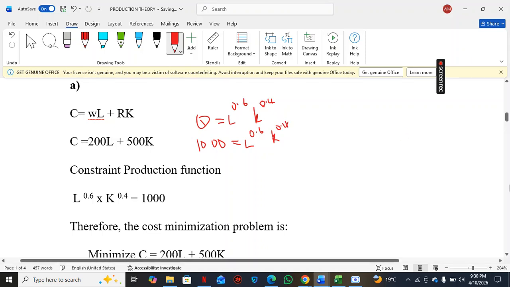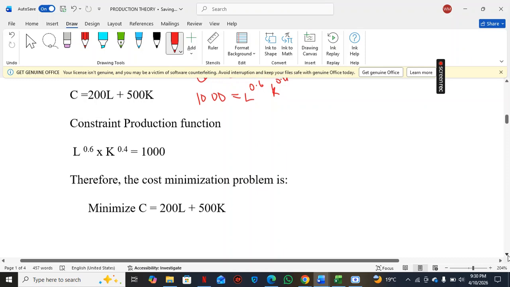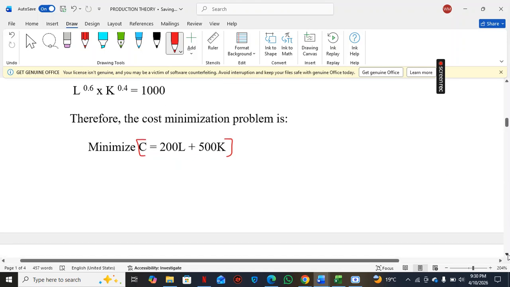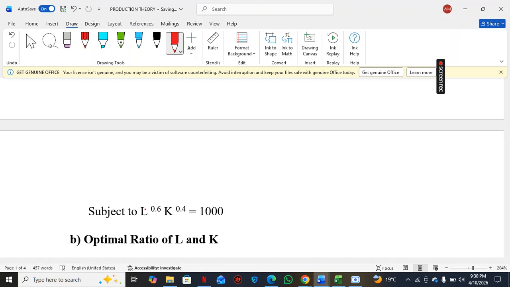How you answer this question: the cost minimization problem is you want to minimize your cost, this is your function for the cost, subject to Q equals 1000, so 1000 equals L to the power 0.6 K to the power 0.4.